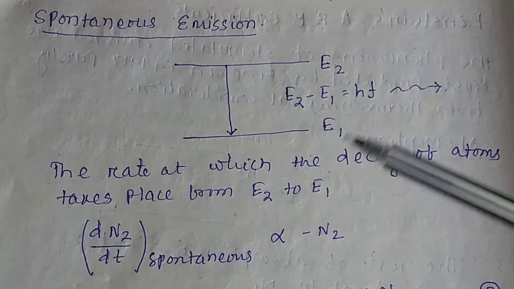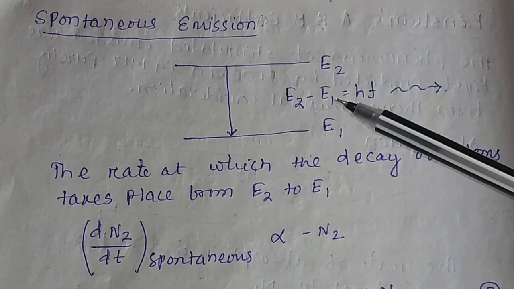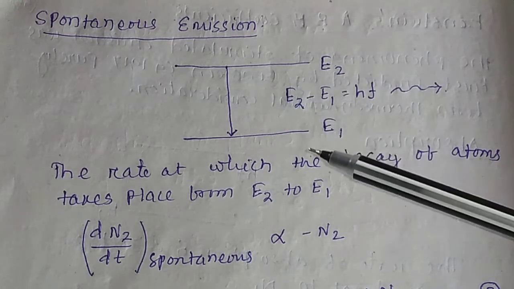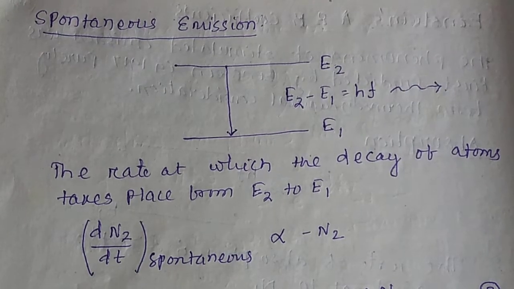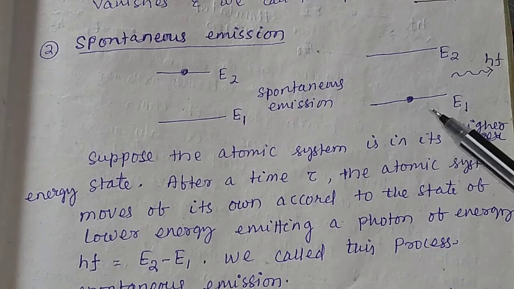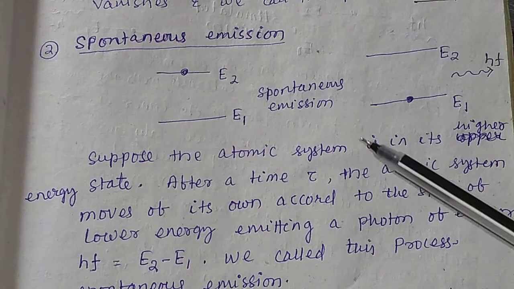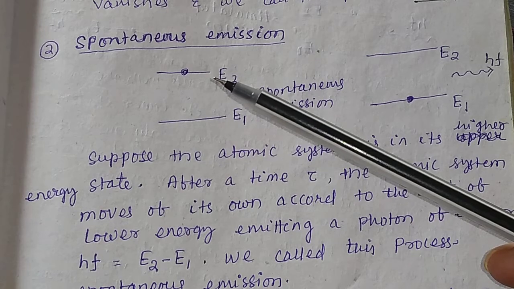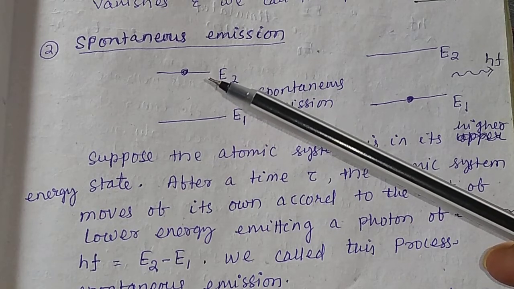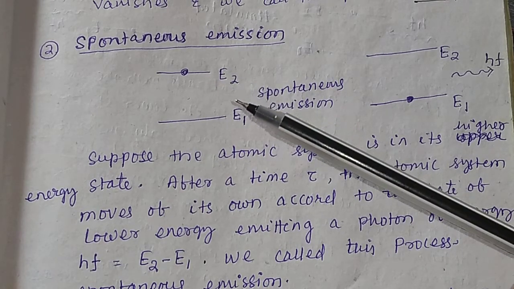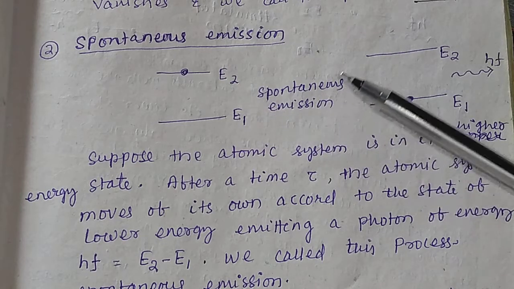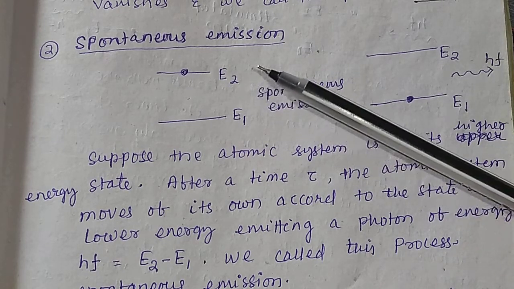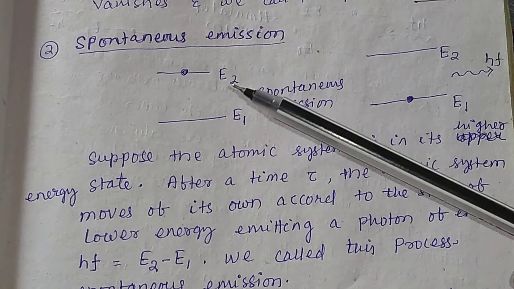Next is spontaneous emission. As we have discussed in the previous video, in spontaneous emission the atomic system is in the higher energy state. As shown in this figure, the atomic system is in the higher energy state, and after a time, let us say tau, the atomic system moves of its own accord to the lower energy state.